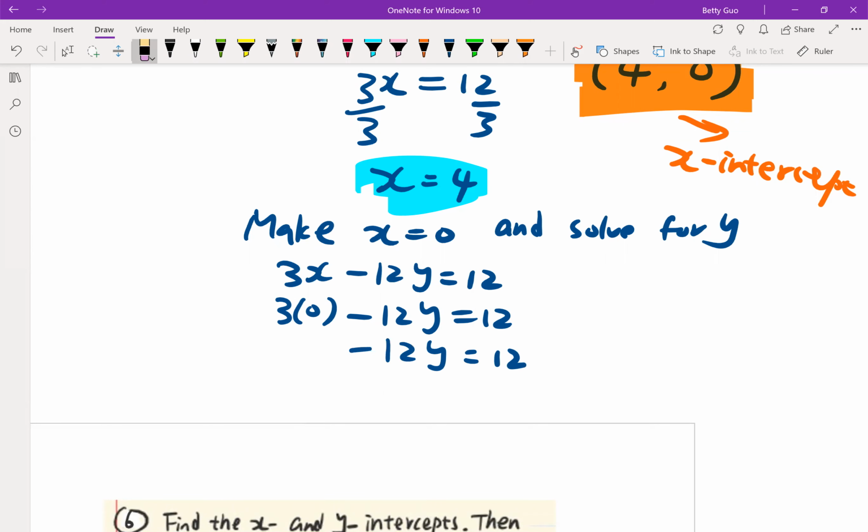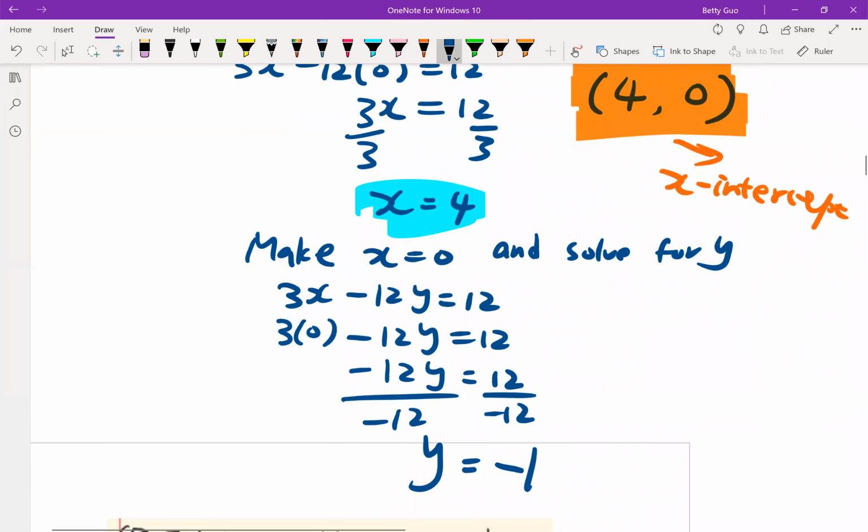In order to isolate y, we divide both sides by negative 12, and y is isolated on the left. On the right-hand side, we have 12 over negative 12. What is 12 over negative 12? Positive divided by negative is negative 1, right? Very good.